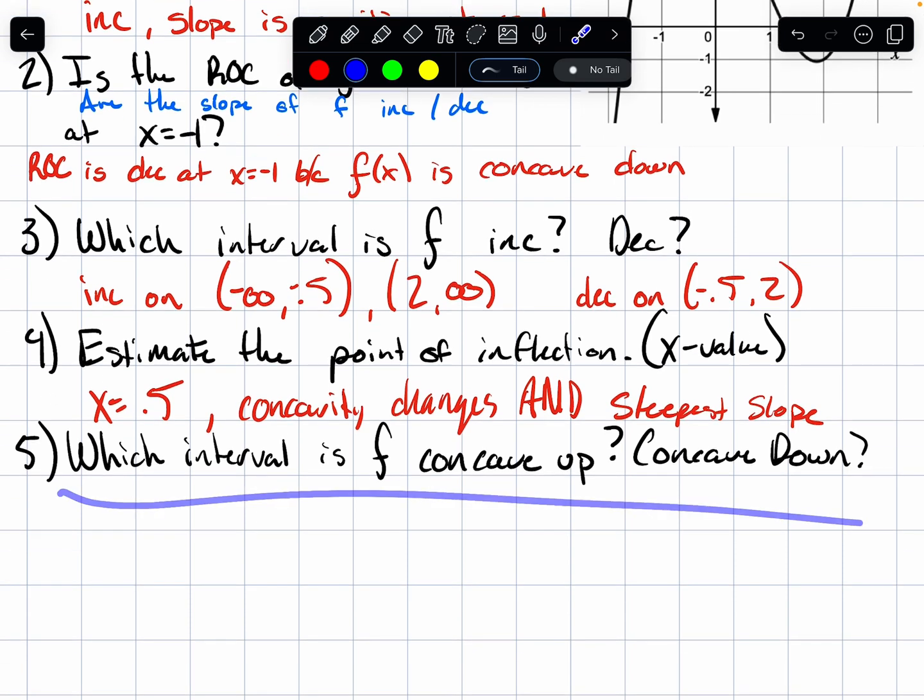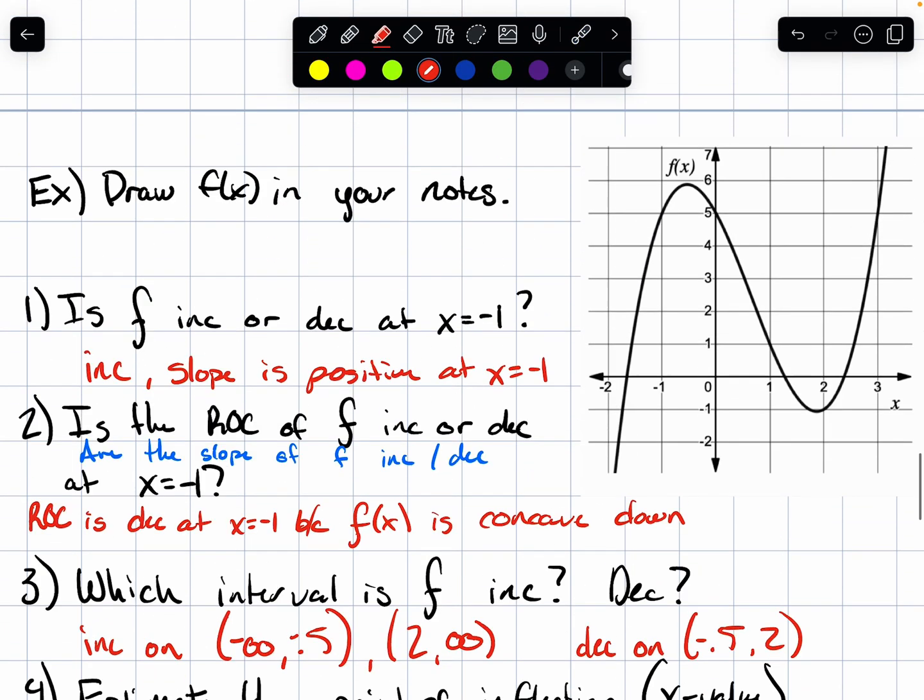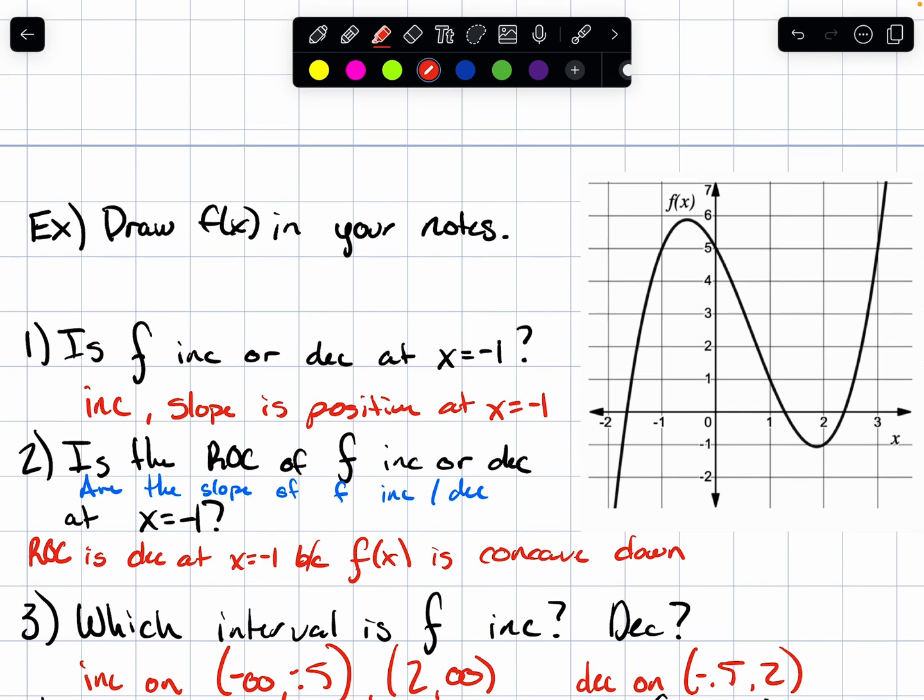On which interval are we concave up, concave down? I'm just going to draw it in highlighter for one last time. We said that this interval is concave down. Right about here is our point of inflection, and then we are concave up going this way.